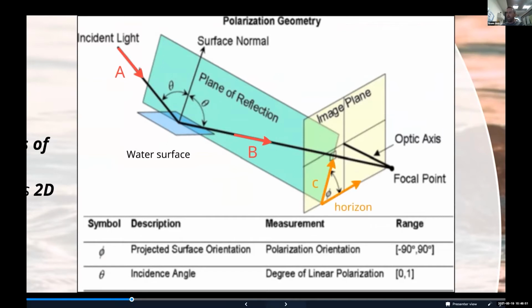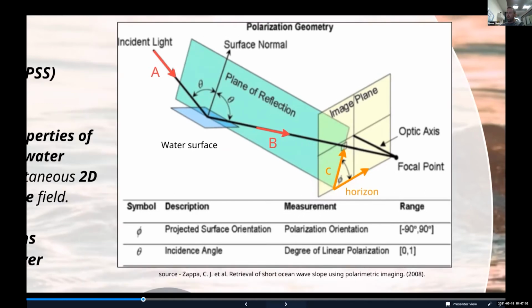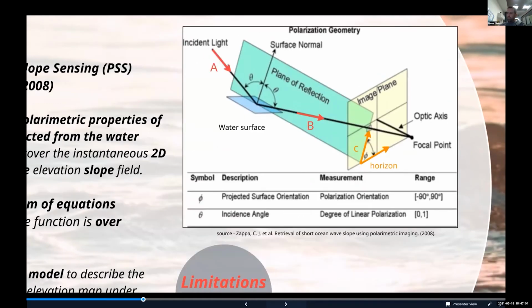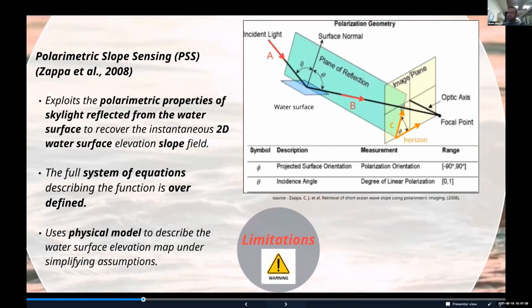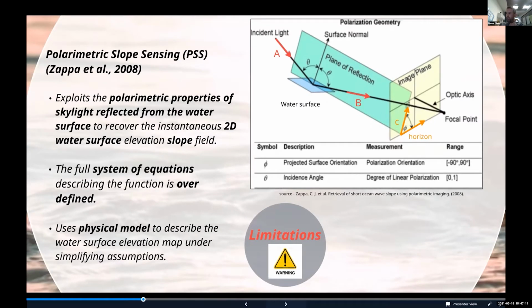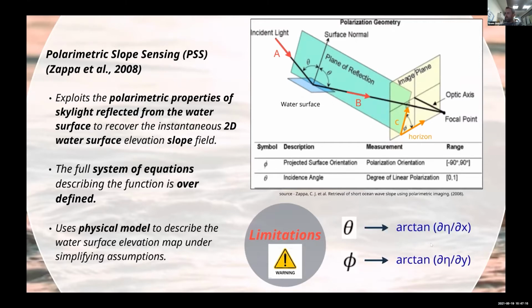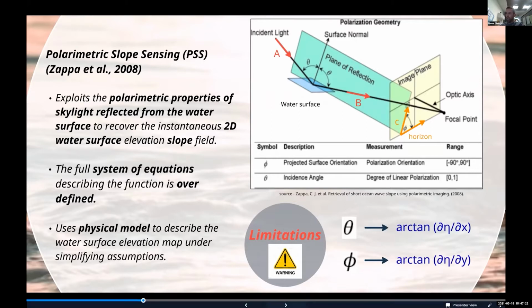These two angles, theta and phi, let us find our surface normal. To correspond with Zappa's work, our theta in our experimental setup corresponds with d eta to dx, and the phi angle corresponds to d eta to dy.